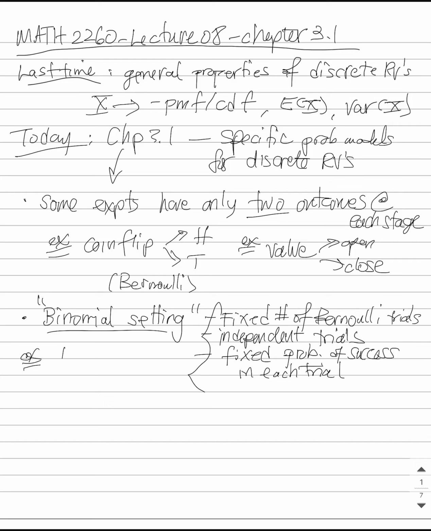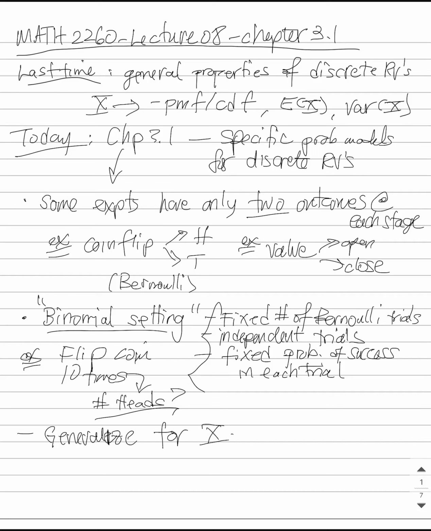A very easy example is to say, let's flip a coin 10 times and study the number of heads that we get. This is very much an example of a binomial experiment, or something in the binomial setting. Chapter 3.1 is interested in experiments in this form. What we want to do is generalize.